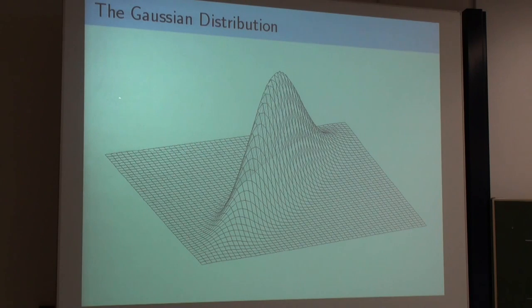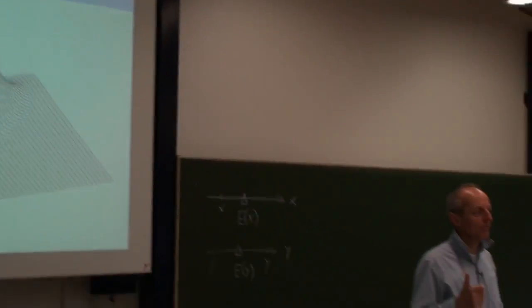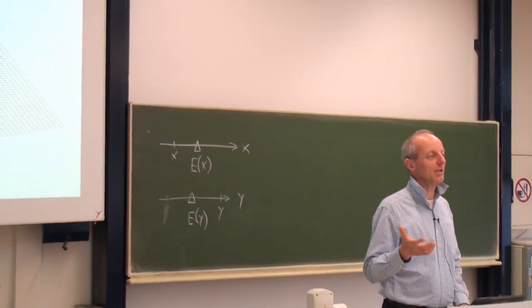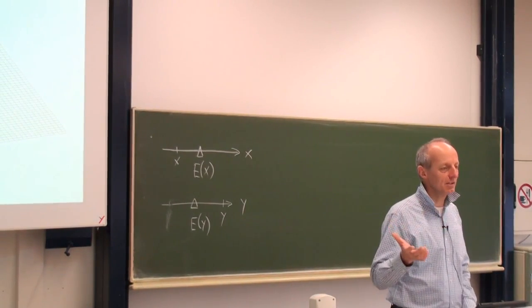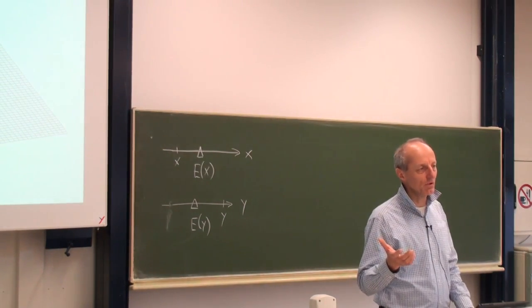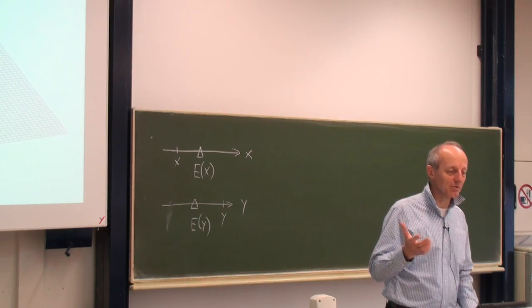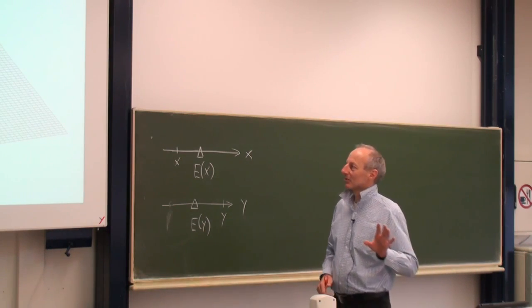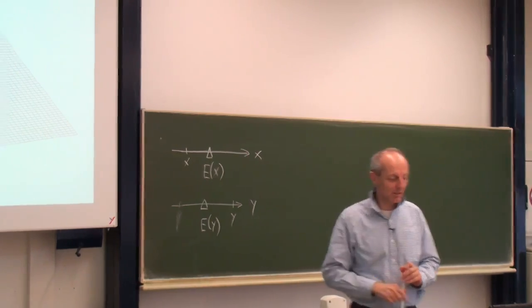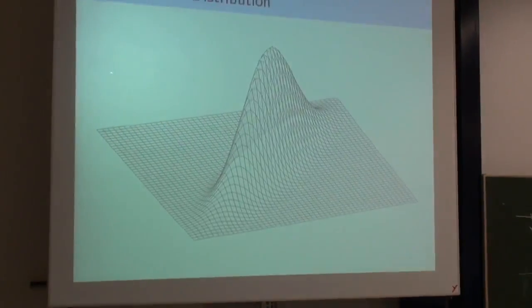And finally, in the last part, which is about Gaussian processes, we will even go to Gaussian distributions of infinite dimensionality. So first we have a one-dimensional Gaussian distribution, then higher dimensional Gaussian distributions, and at the end we will learn about infinite dimensional Gaussian processes. But let's do it slower. This is a nice picture of such a Gaussian distribution, two-dimensional.